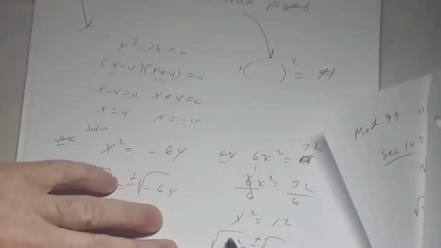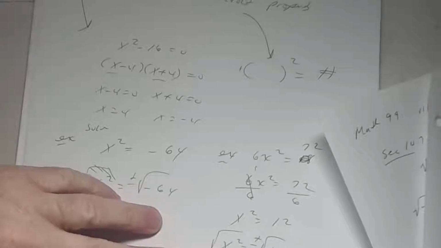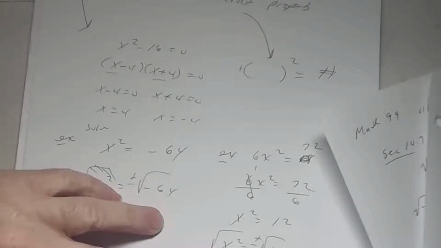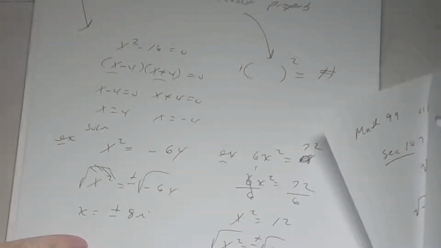So when I take the square root of x squared, what does that become? X equals plus or minus. How do I deal with the square root of 12? You get the largest perfect square that goes into 12. 4. So the square root of 4 times 3.